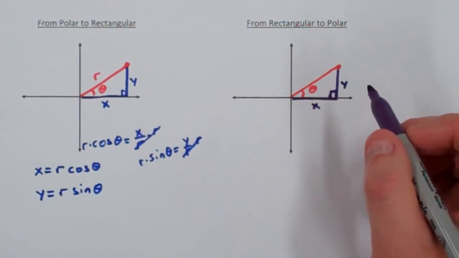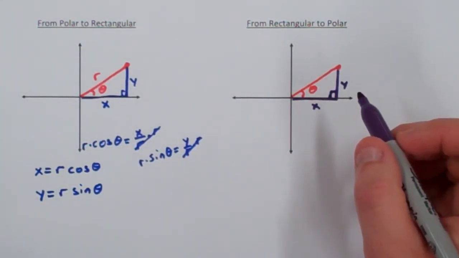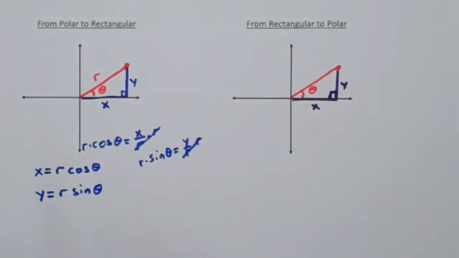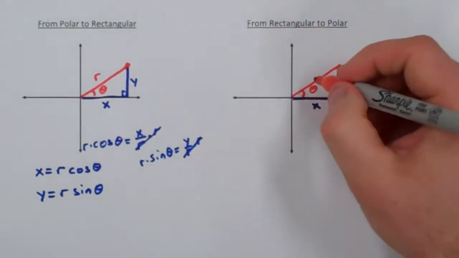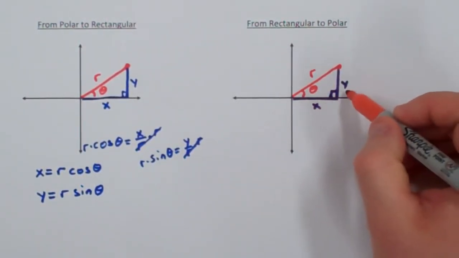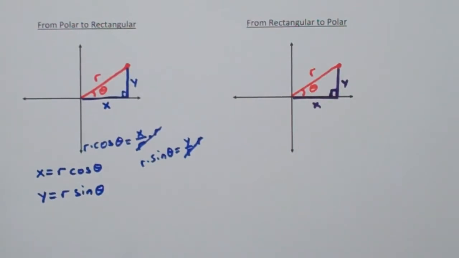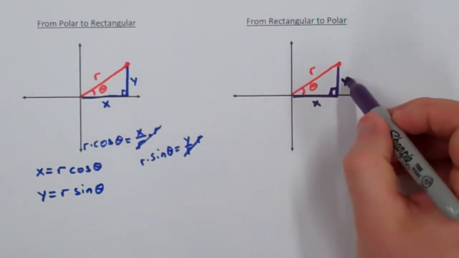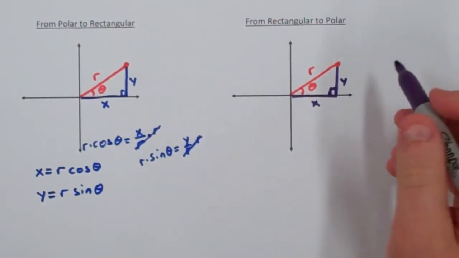What we need to do is somehow find a way of linking, and I forgot to write the r in there, we need to find a way of linking x and y to theta, and then x and y to r. So let's do x, y, and r to begin with. If you note, those are just three sides of a right triangle.